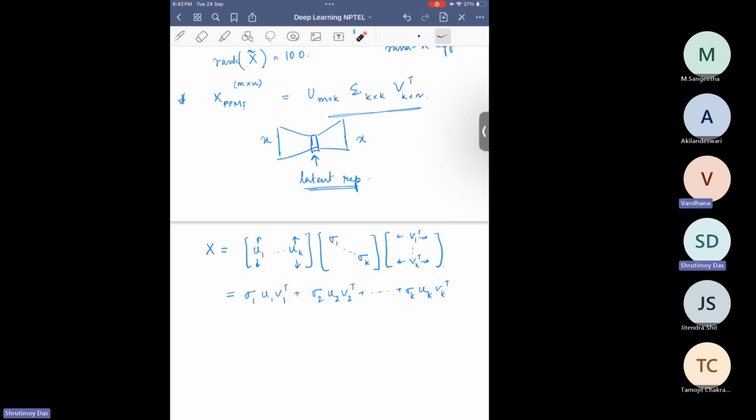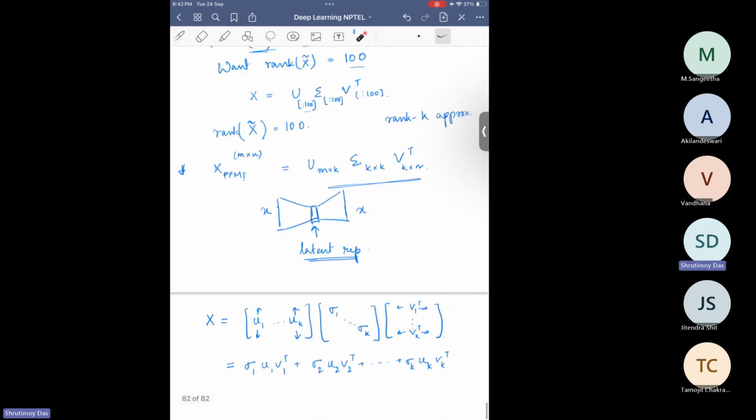Can you explain latent representation again? Okay, sure. By latent representation, I mean, if you remember autoencoders, we were given some input vector x, we passed it through the encoder.